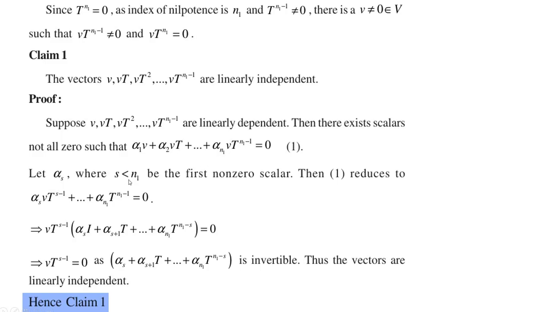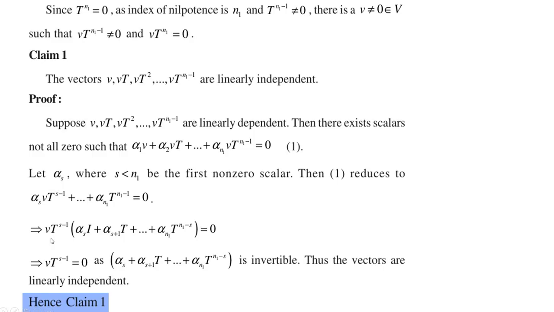Then this reduces to this, because the zero terms we have not kept, so we are left with only this equal to 0.